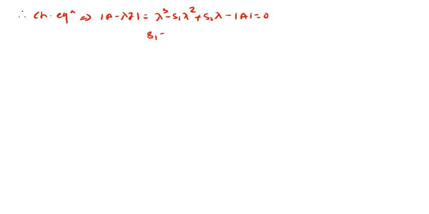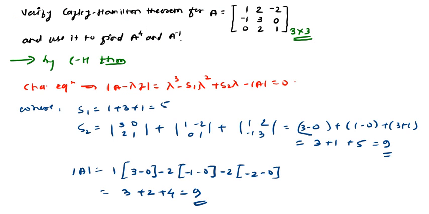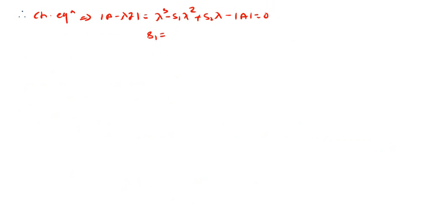Therefore the characteristic equation, that is determinant of A minus lambda I, will be lambda cubed minus S1 lambda squared plus S2 lambda minus determinant equal to 0, and in this case we got S1 equal to 5, S2 equal to 9, and S3, the determinant, equal to 9.